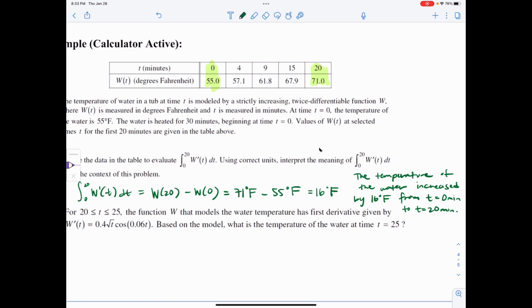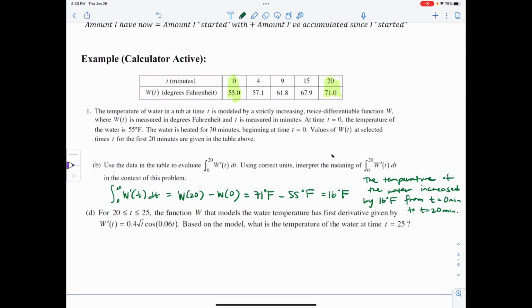To be even more specific, you could say the temperature of water in the tub, just to make sure that you are really answering in the context of the problem.